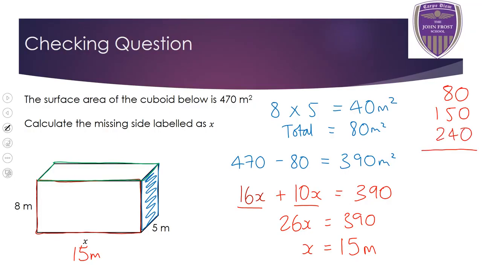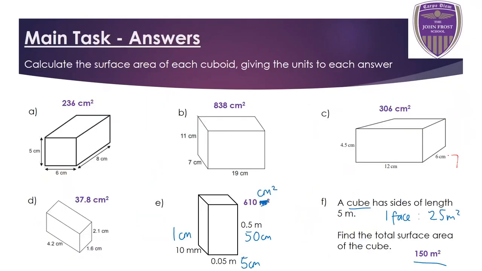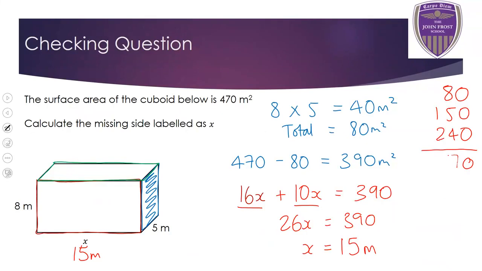Hopefully now, if we add these together, here we get 17, carry the 1, here we get 4. So that answer there is the same as that one there. So 15 is most definitely the answer.